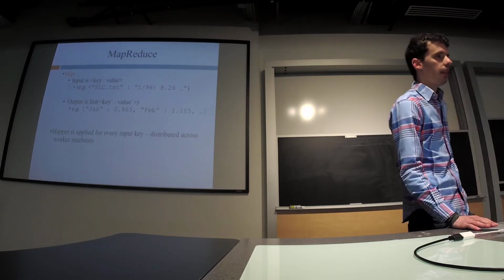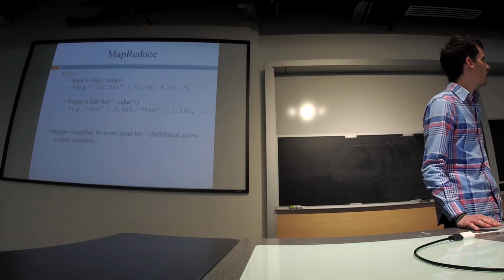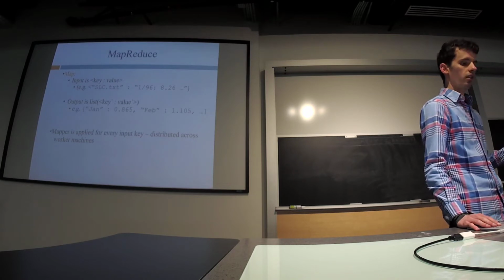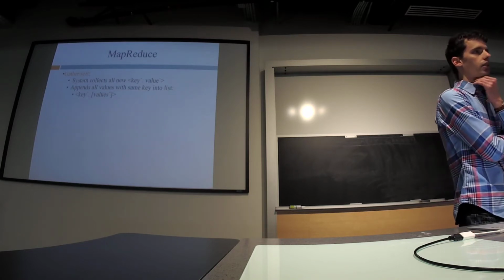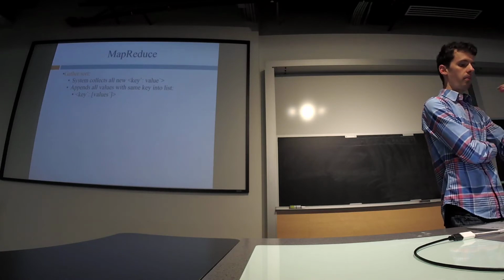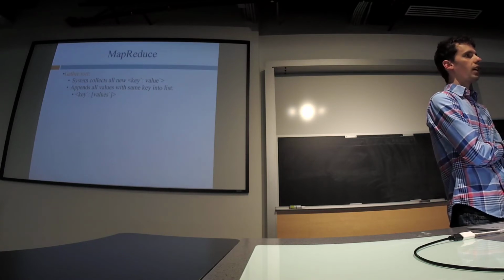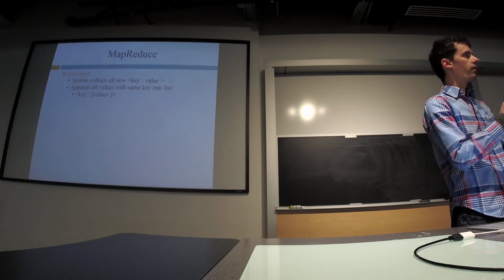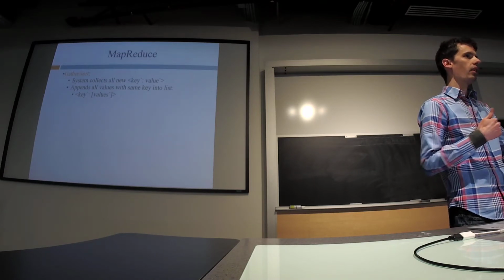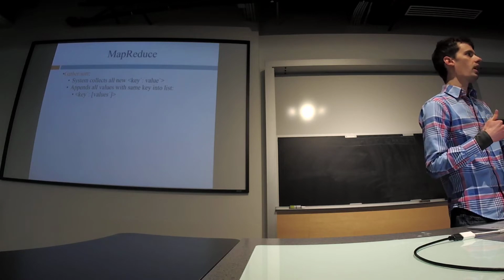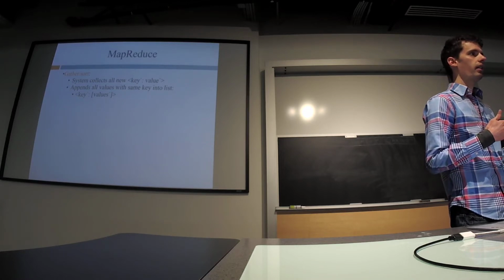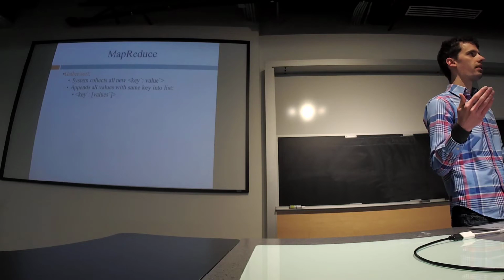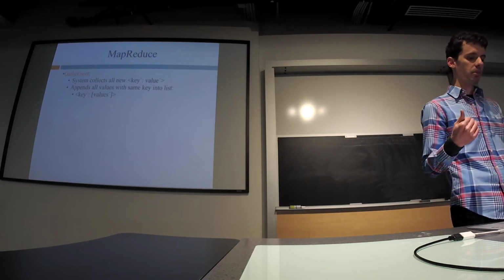Okay. And that's automatically distributed across every machine in your cluster. And then the gather sort phase, done by the system, it takes all of your key prime value primes and finds all of the key prime that are the same. So there will be a lot of, say, Januaries in there, and then makes a list of all of those value primes.